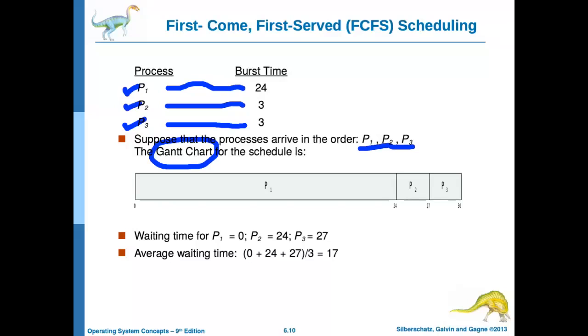Now, in order to draw the Gantt chart, it is a very simple thing. Let me share a whiteboard. Fine. And now it is something like this. On this x-axis, we have, for example, time. Let me put it here. Time.